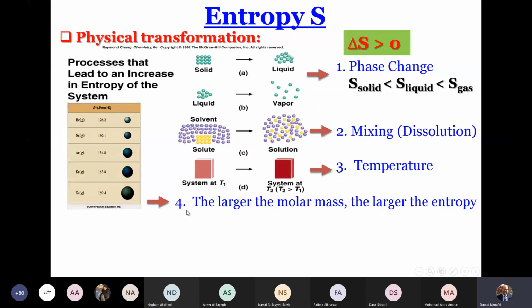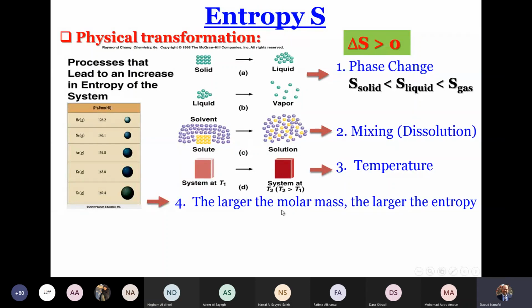The factor 4: when we pass, for example, from helium gas to neon, argon, krypton, xenon, we observe that all these are gases. So how to compare their entropies? Since these elements are gases, the gas with the larger molar mass has the higher entropy.